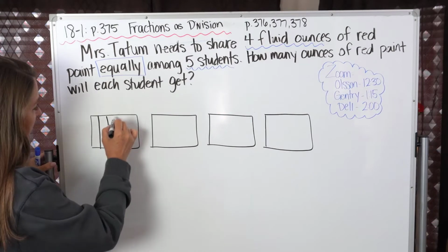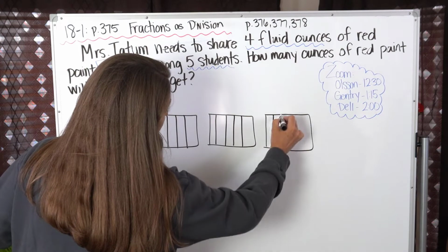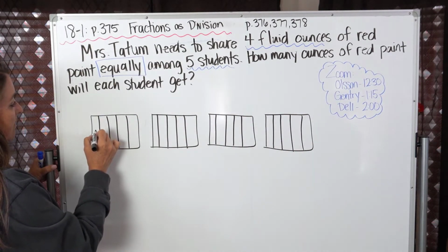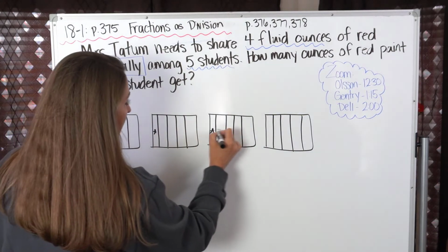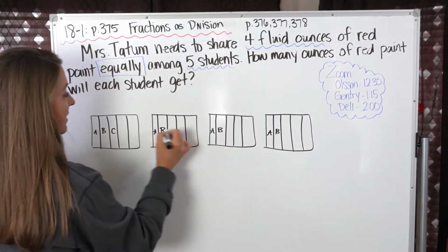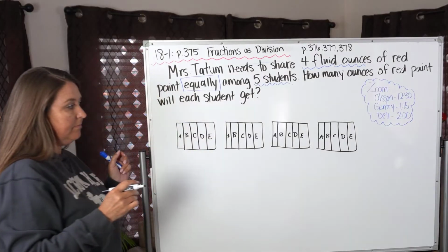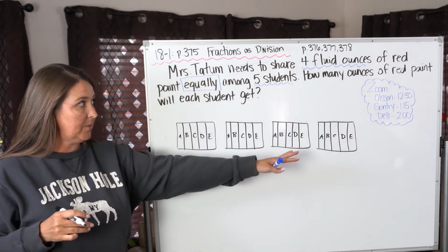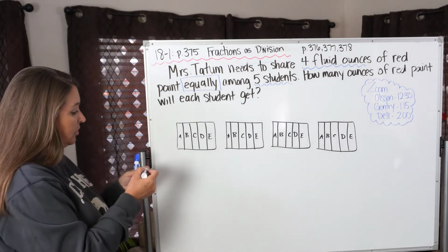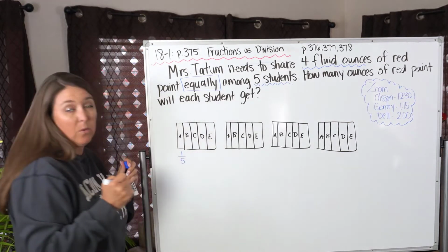So knowing that I can say A, that's a student. Now that I have the 4 fluid ounces broken into 5 students, I can see that each student is worth 1/5.